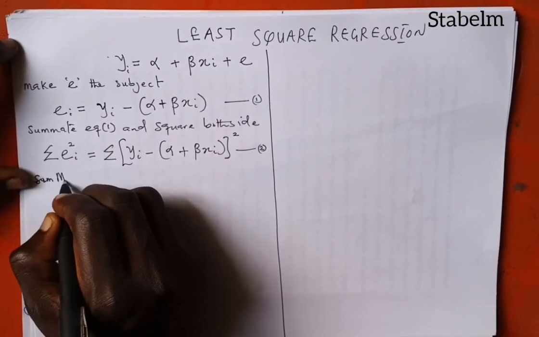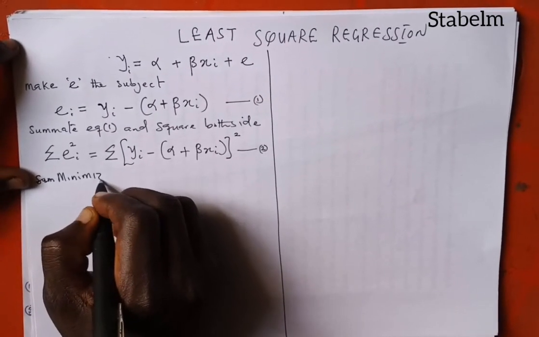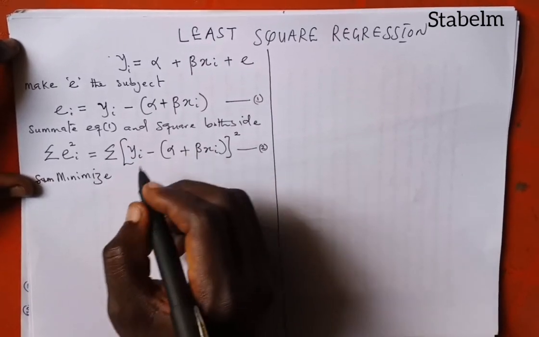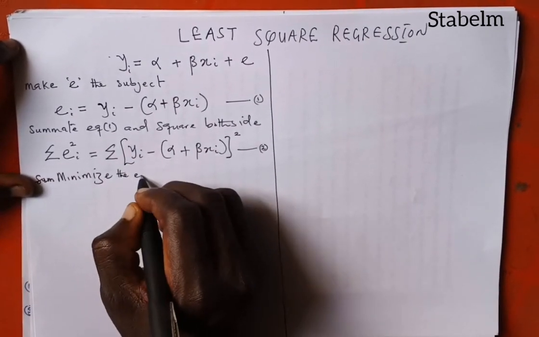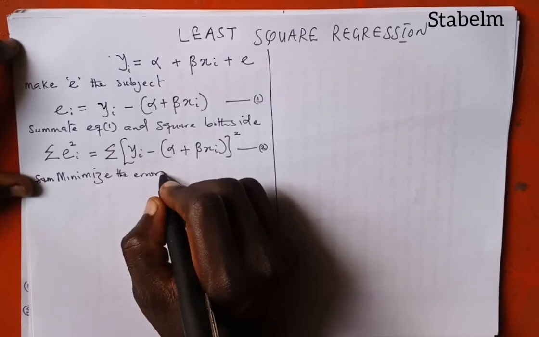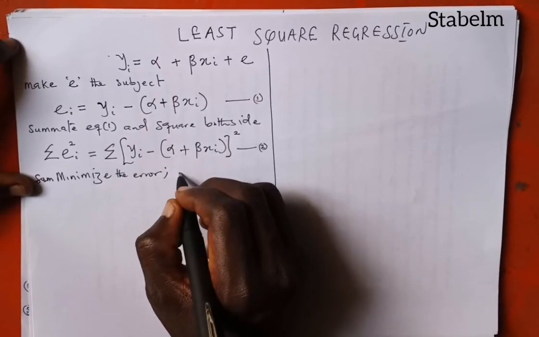We want to minimize the error term in equation 2. And how do we do that?